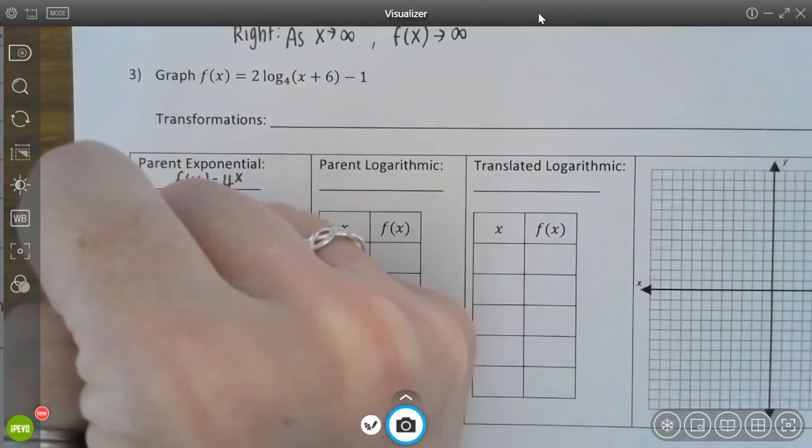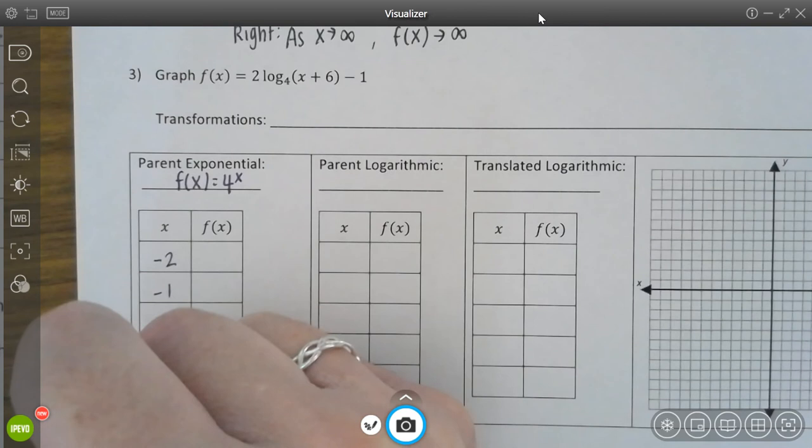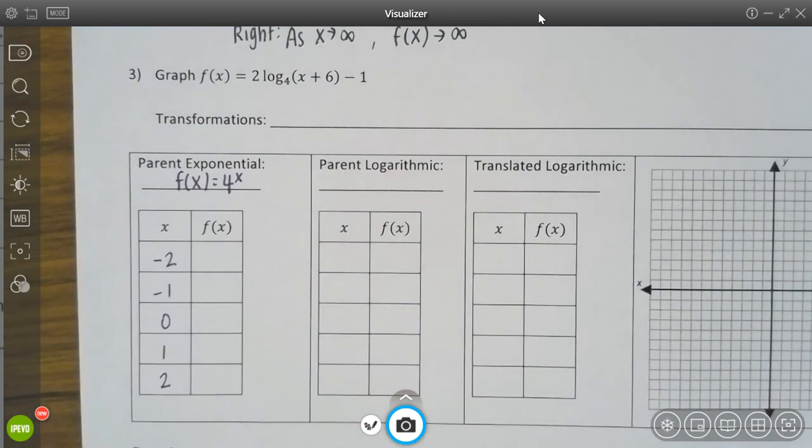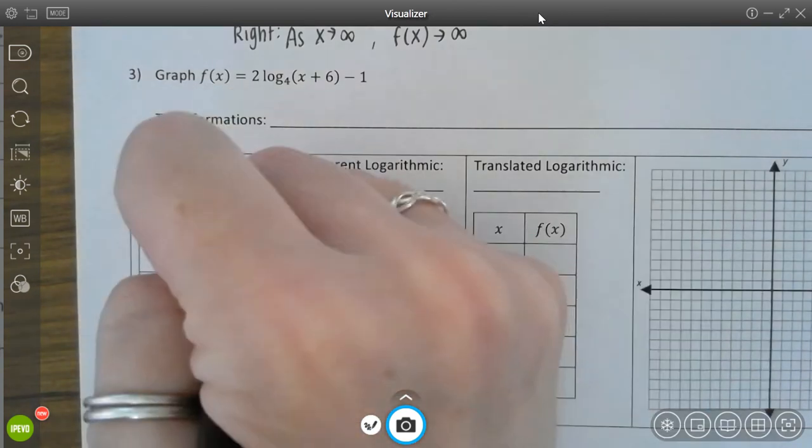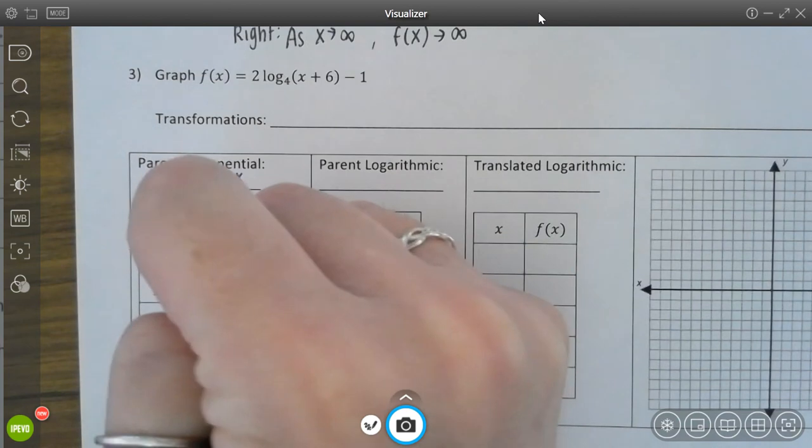And again, for this one, you can still use the same x values, -2, -1, 0, 1, and 2 to get your y values. You're just plugging those into the exponent.